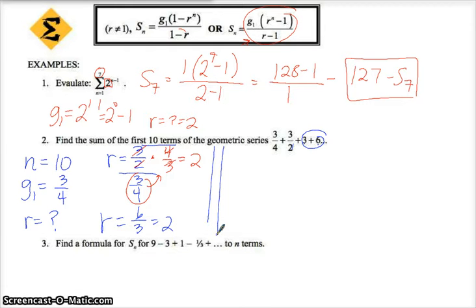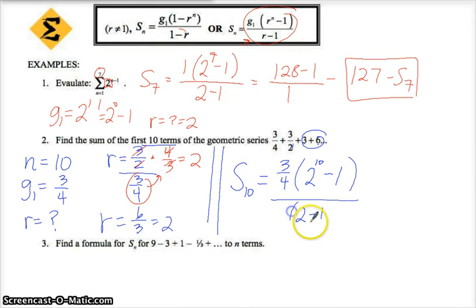So here we have it. Let's find the sum of the first 10 terms of my geometric series. My first term is 3/4, and then my common ratio is 2, to the nth power, which is 10, minus 1, divided by, once again, a very simple 2 minus 1. So what I'm dividing by is just 1.